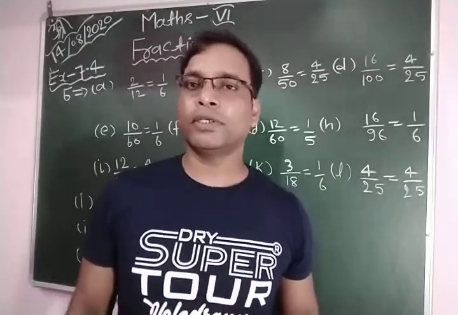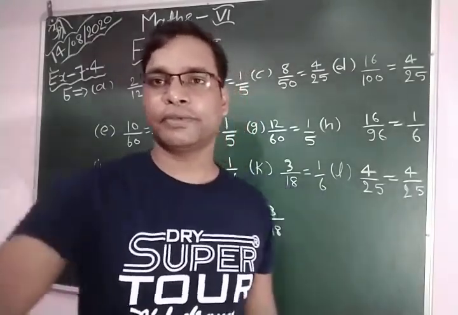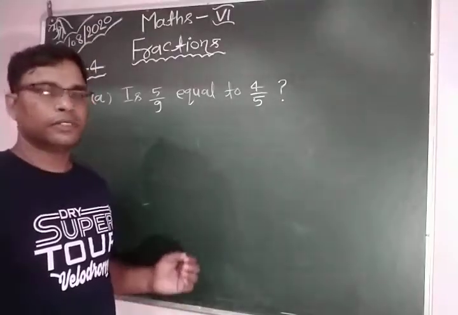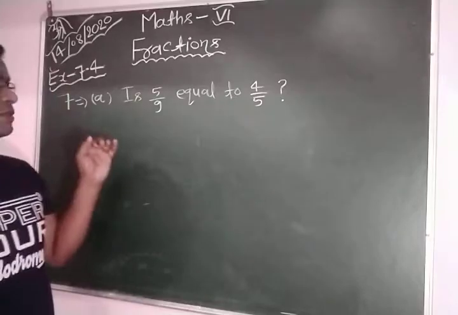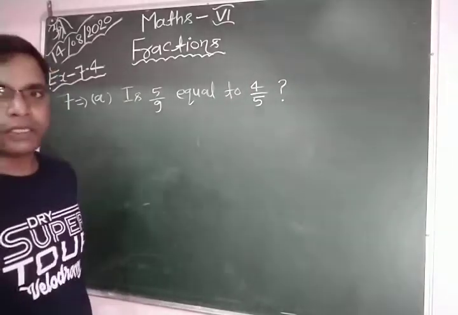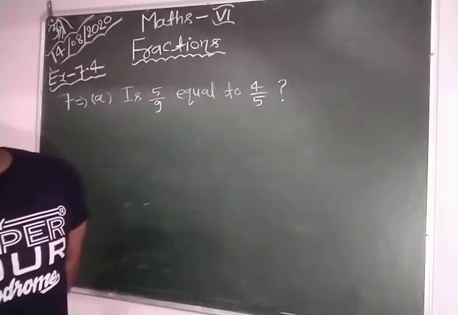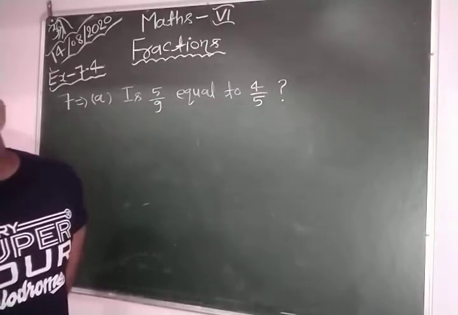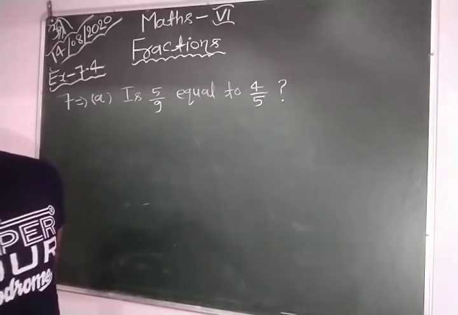Okay. So let's see how to do it. This is question number 7. Part A is 5 by 9 equal to 4 by 5. So how to find our answer? Find the answer to the following. Write and indicate how you solve them.